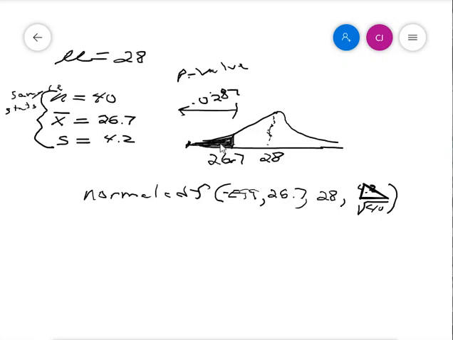That's the amount of area under the curve, and that's the same thing we would have gotten here.